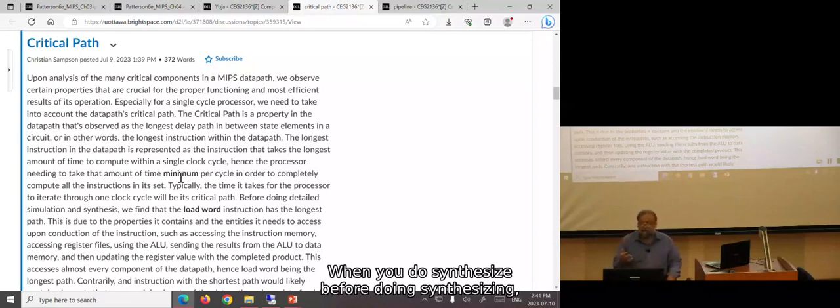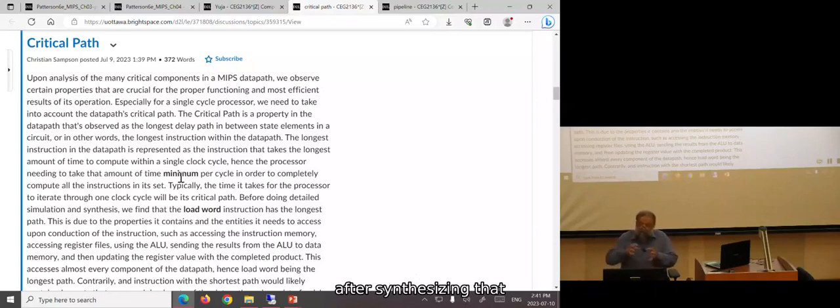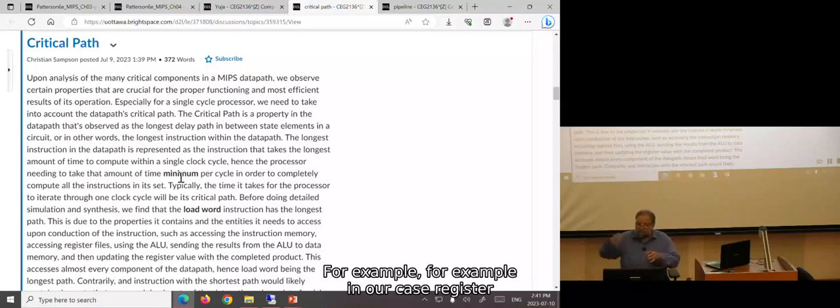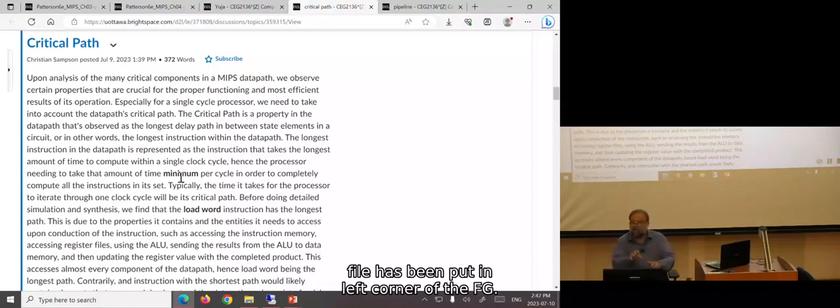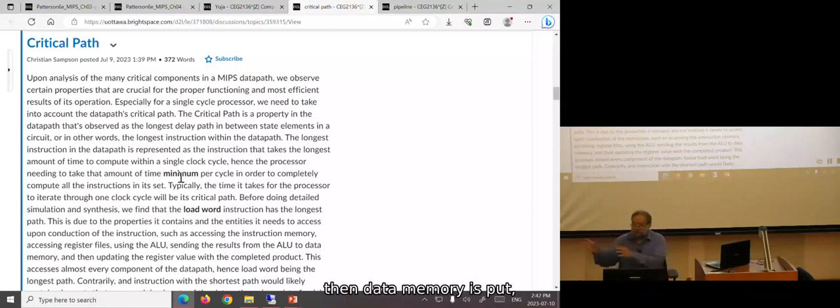Before synthesizing, we cannot say what the timing would be. After synthesizing, everything is placed. For example, in our case, the register file has been put in the left corner of the FPGA. Then the instruction memory is put somewhere else, then the data memory.